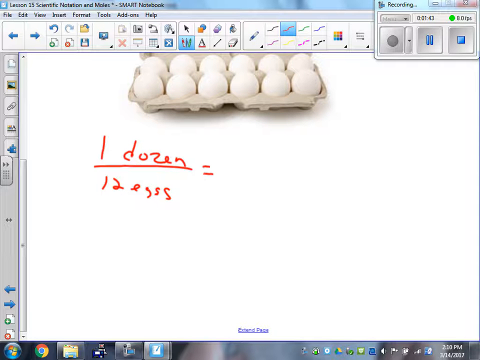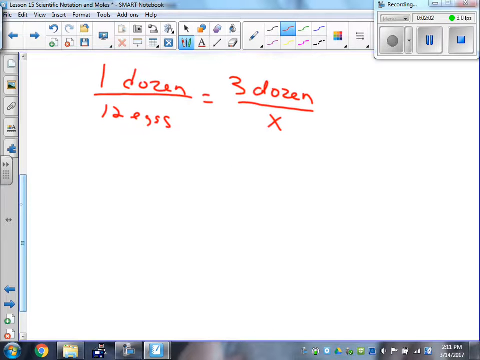I said we can set up equivalent fractions, match up the units, and solve for x. If 1 dozen is 12 eggs, then 3 dozen is how much? You're doing the same thing as before, setting up the fractions so that units cancel each other out.